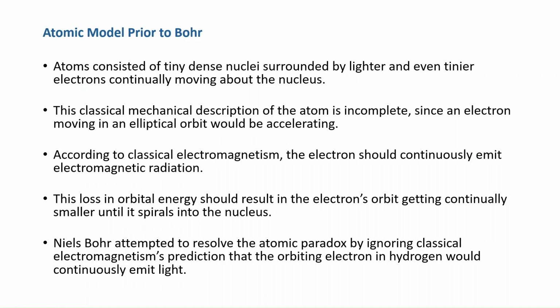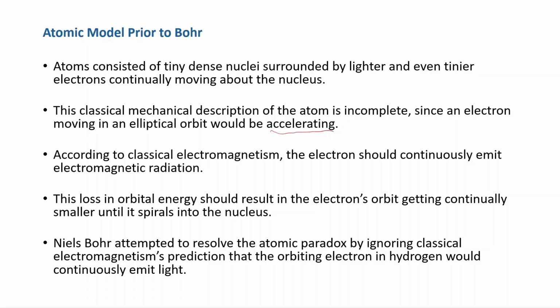We said that the atom has a very small, very dense nucleus, surrounded by light and very small electrons that are moving. But this description is incomplete because an electron orbiting around the nucleus would be accelerating. And you say, wait a moment, it doesn't change the speed, does it? No. Keep in mind, this is physics.